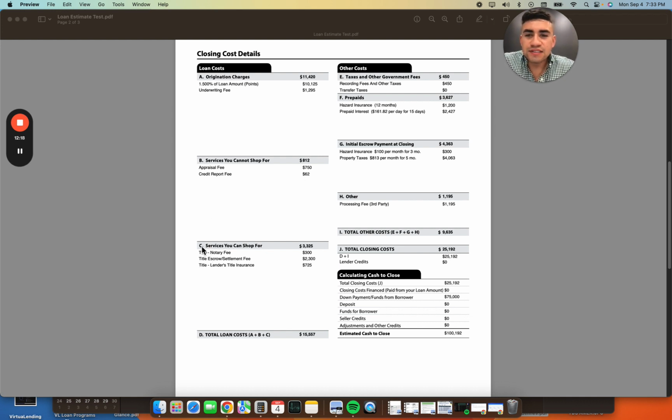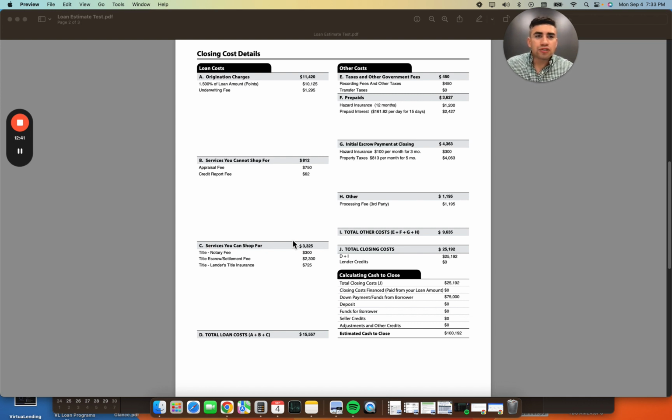Section C as in Charlie, these are services that you can shop for as a consumer. Now, before we get into this, I will say that here in California, it's customary for the sellers to choose title and escrow, right? So title and escrow, like I said, is usually going to be chosen by the seller.